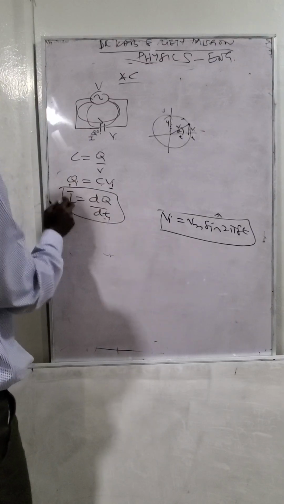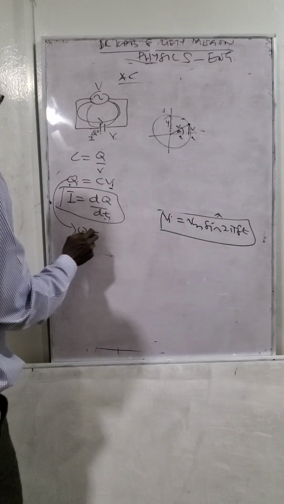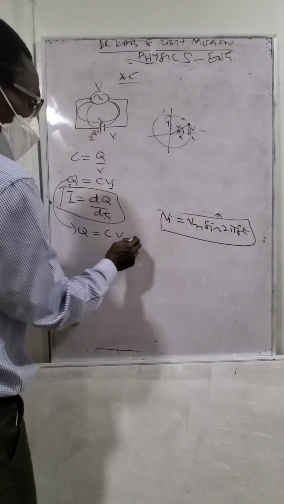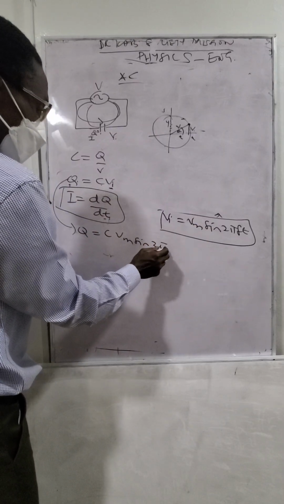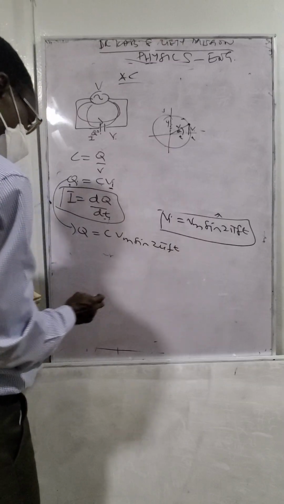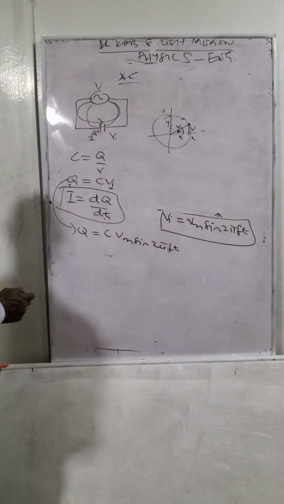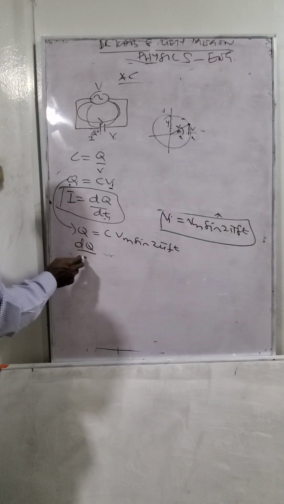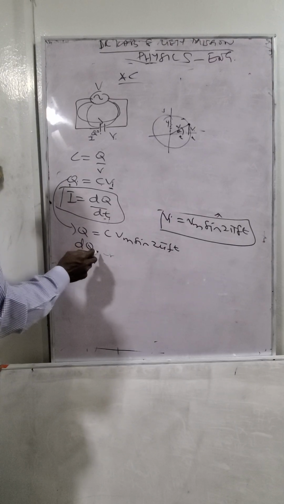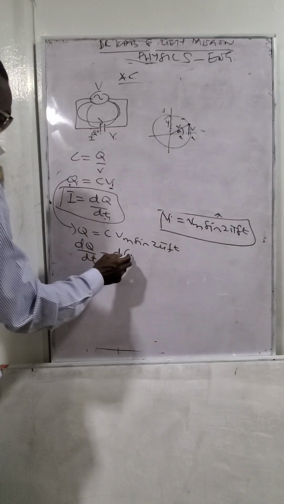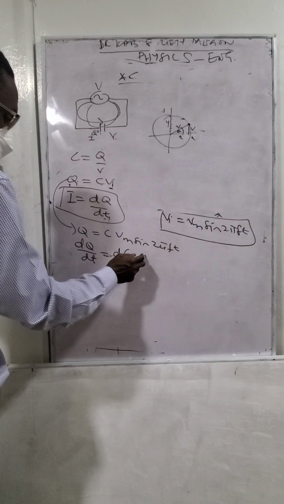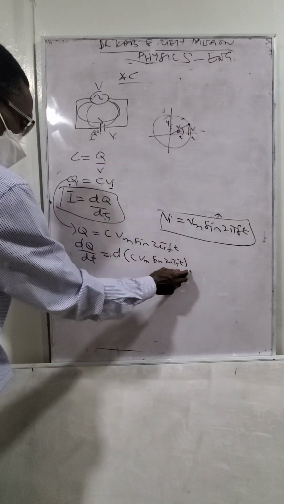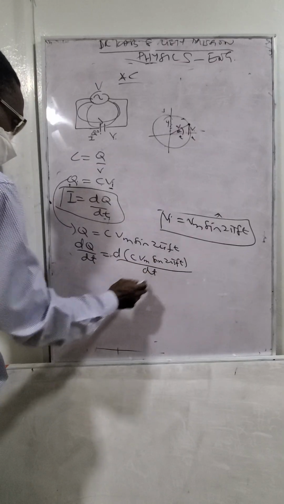Now let's see from here. You can say that Q is equal to C, which is a constant. I'm going to put this one there. Vm sine 2 pi ft. Now, if we differentiate this part, find dQ over dt, differentiating with respect to t, this is going to be C, Vm sine 2 pi ft all over dt.